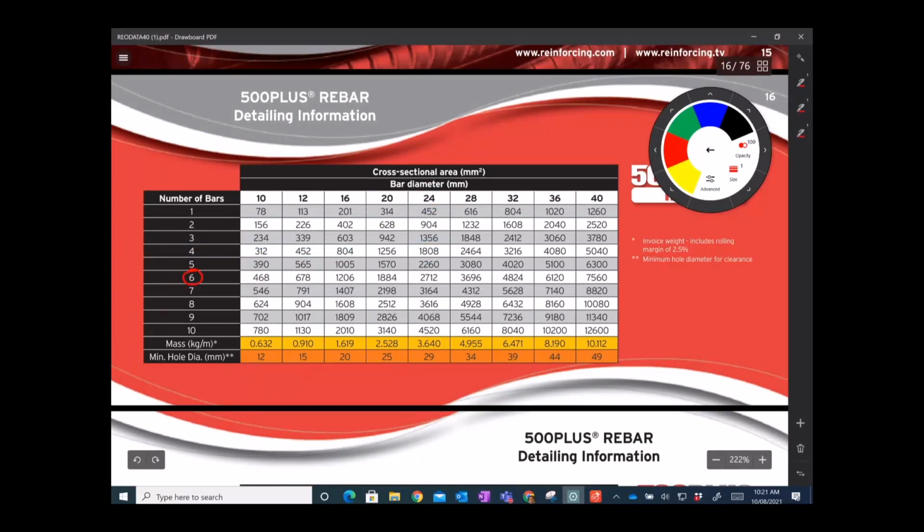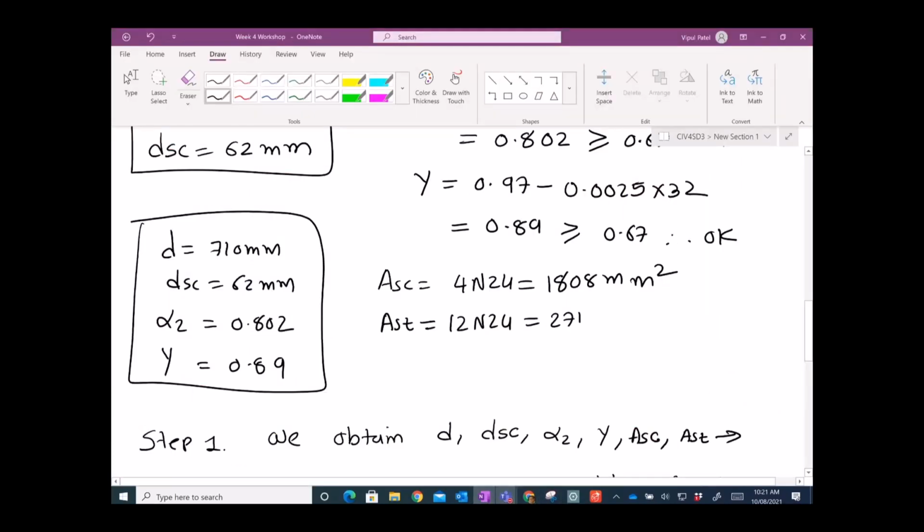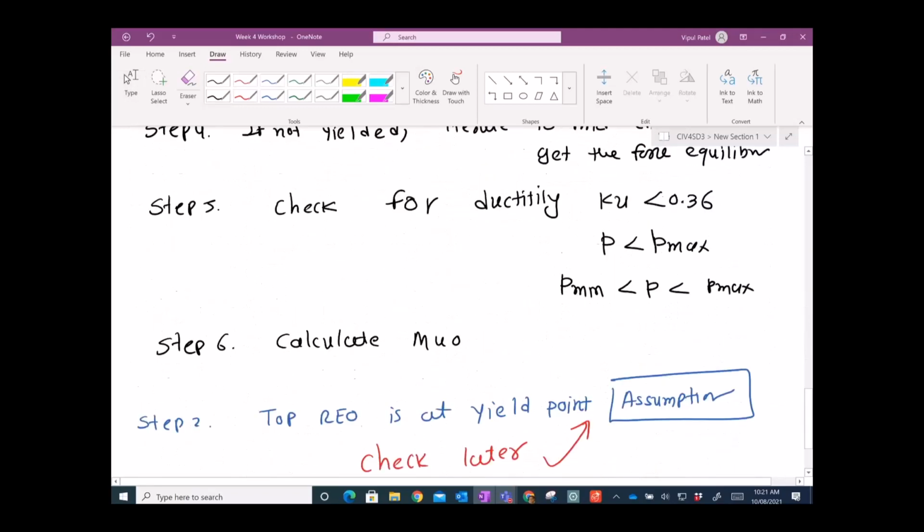We can take 6 and then double it. 2712 for 24, so that's fine. 2712 millimeter square plus 2712 millimeter square, so that gives 5424 millimeter square. Right, I hope you understand that. 6 bar, 6 bar, so total 12, 5424.